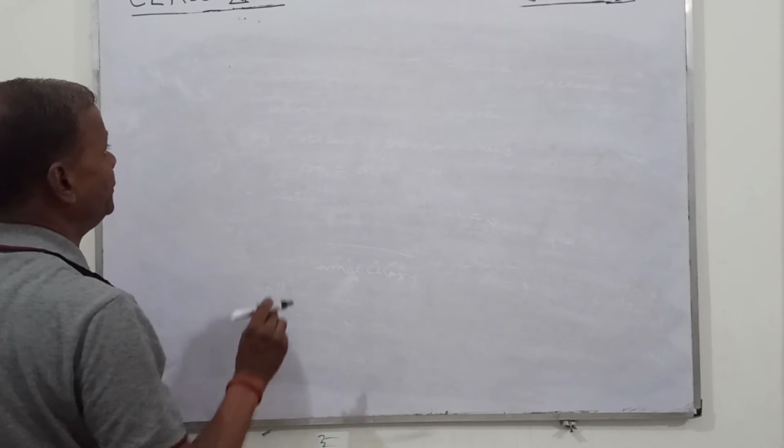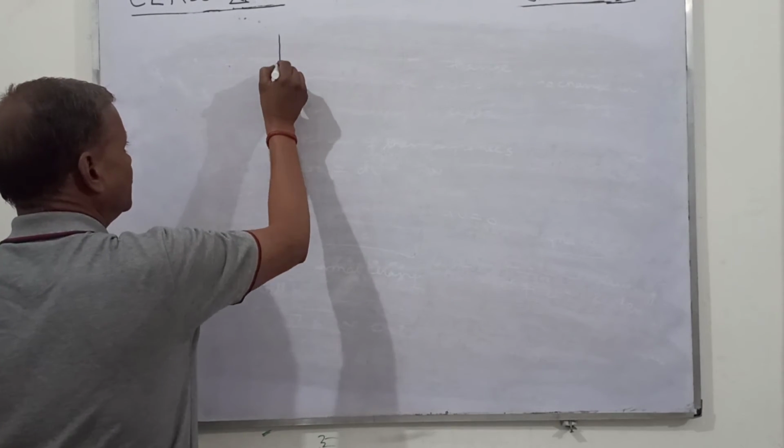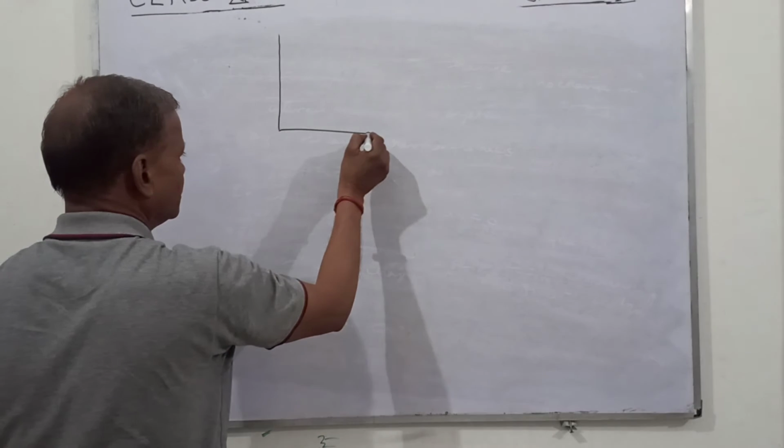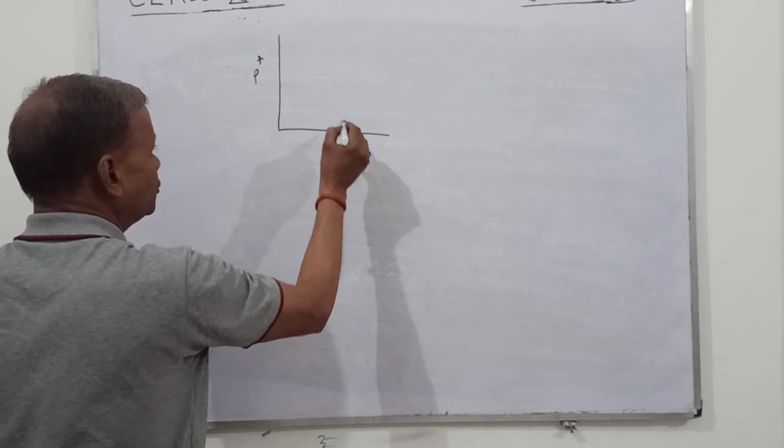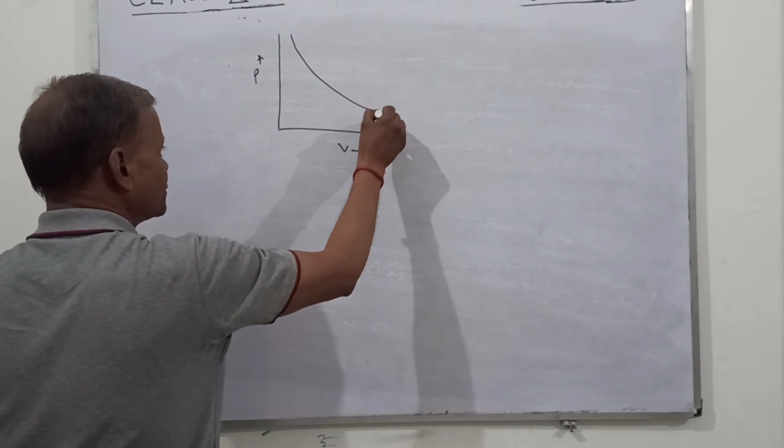And if we draw the PV diagram of this, then this is your pressure on this side, this is volume, so this will be like this.